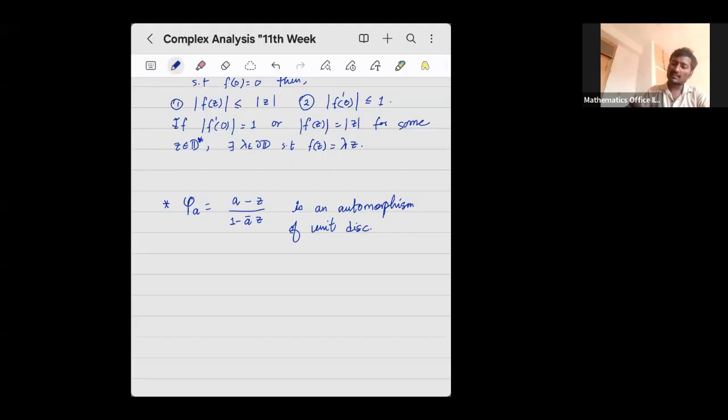One thing is that its inverse is self-inverse, or phi of a has inverse phi of minus a. So we can solve for it.